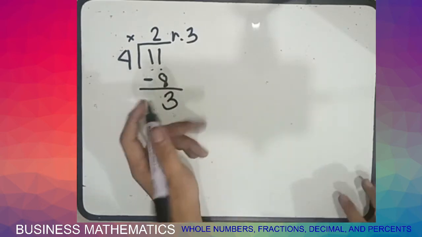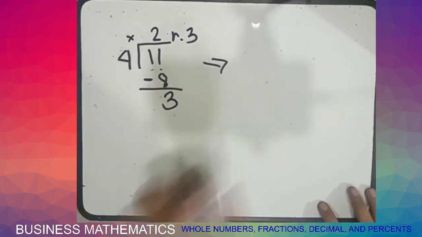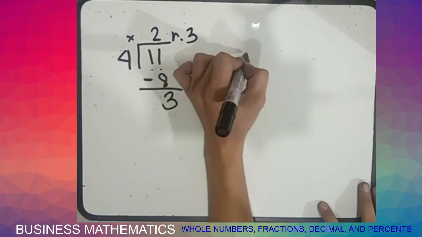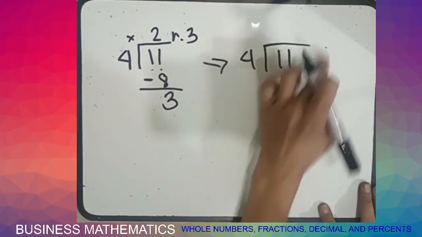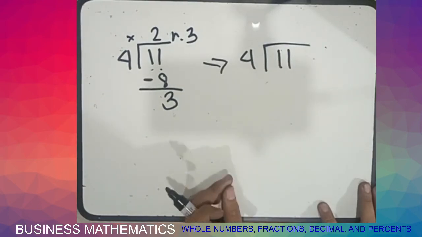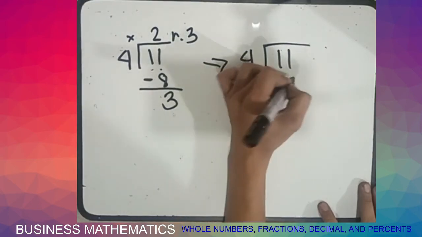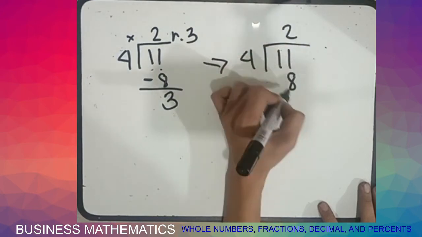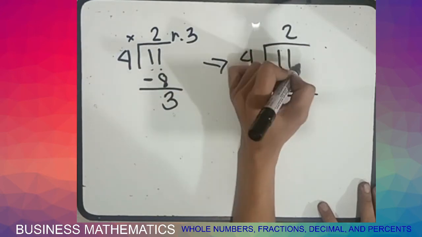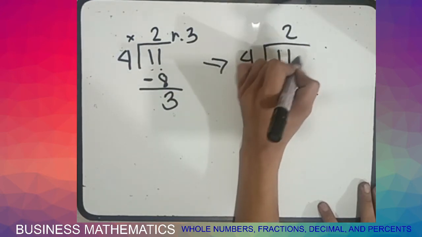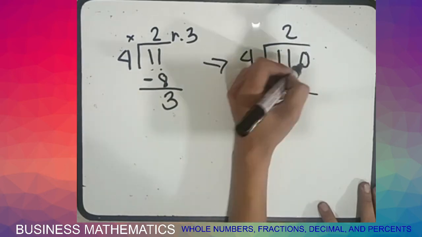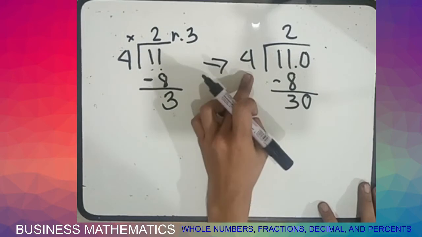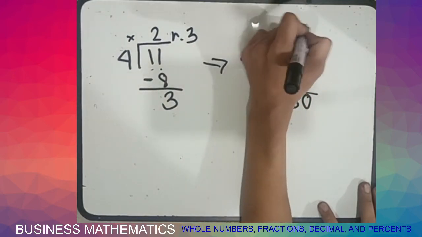So remainder 3. Pero pwede pa rin naman natin siya i-perform as ganito. So magiging, ulitin natin ha, 11. So yung remainder, gagawin na lang natin siyang decimal. So magdadagdag tayo dito ng 0. So malalagyan na natin ng dot or point. So bring down 0. So 30 divided by 4, ang sagot dito ay 7.